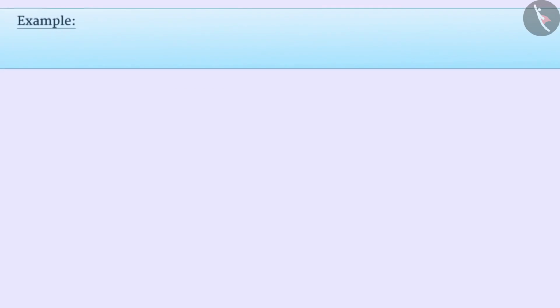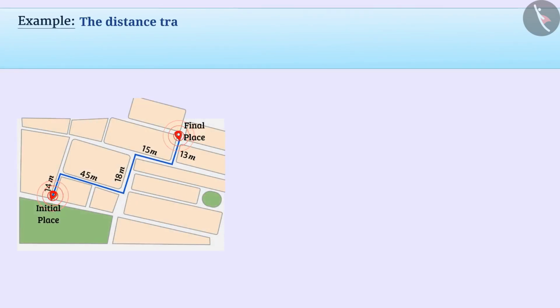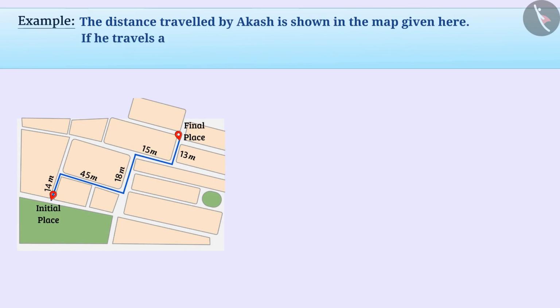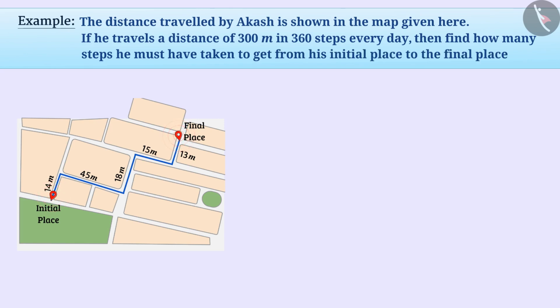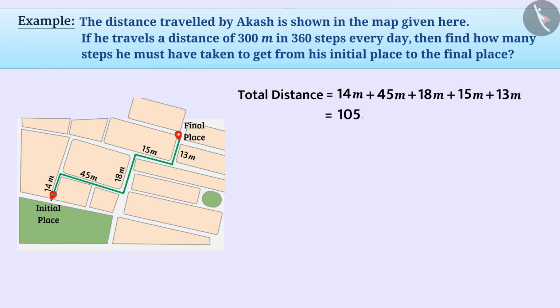Let's see another example. The distance travelled by Akash is shown in the map given here. If he travels a distance of 300 meter in 360 steps every day, then find how many steps he must have taken to get from his initial place to the final place. Here, total distance travelled is 14 meter plus 45 meter plus 18 meter plus 15 meter plus 13 meter, which is equal to 105 meter.